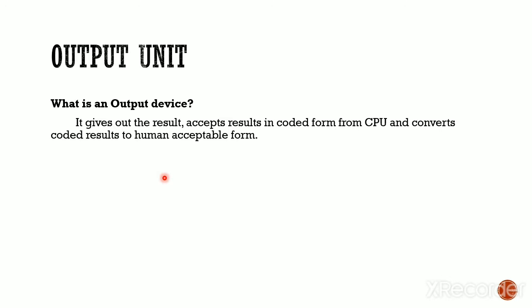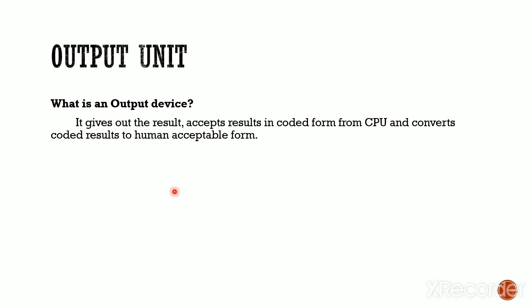Our main topic is the output unit, right? So we'll be dealing with the output unit. What is an output device? It gives out the result: it accepts results in coded form from the CPU, and converts the coded result to human understandable form. The computer does all the things in a way that is understood only by the computer.